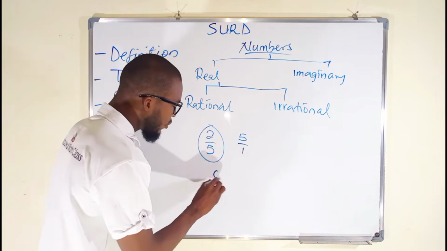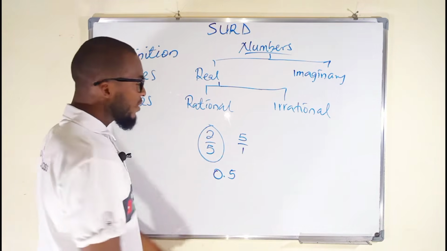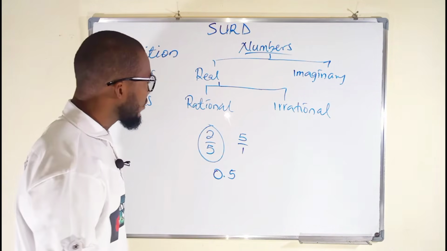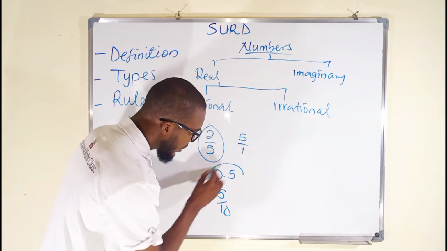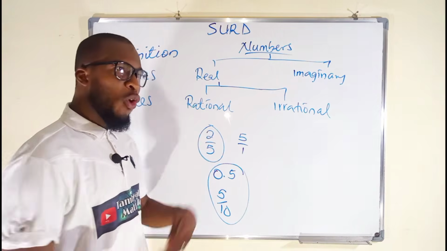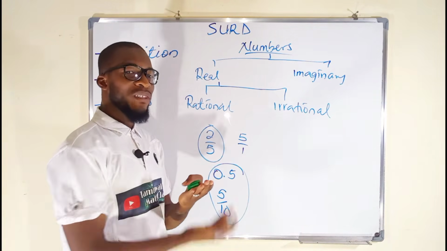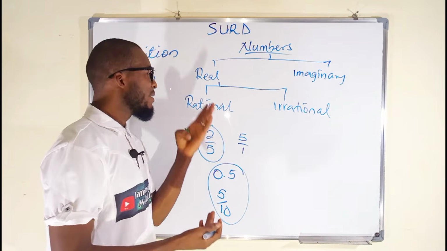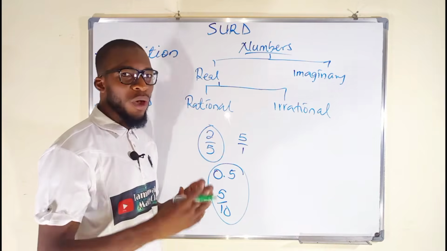A decimal number 0.5 is a rational number because you can express it as the same thing as 5/10. So all those numbers you can express as numerator over the denominator are said to be rational if and only if the denominator and the numerator are all integers.